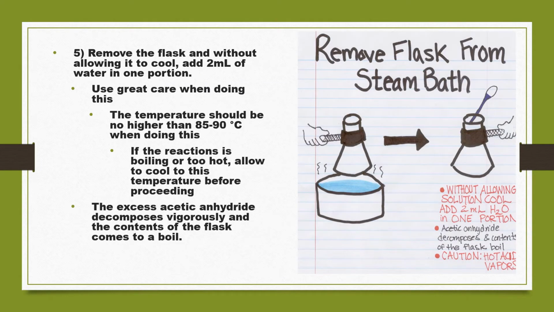After that, you can remove the flask and immediately add 2 milliliters of water into it. We do this to make sure that any excess acid anhydride is decomposed, and you need to make sure that you're adding this water at the final temperature of the reaction mixture.